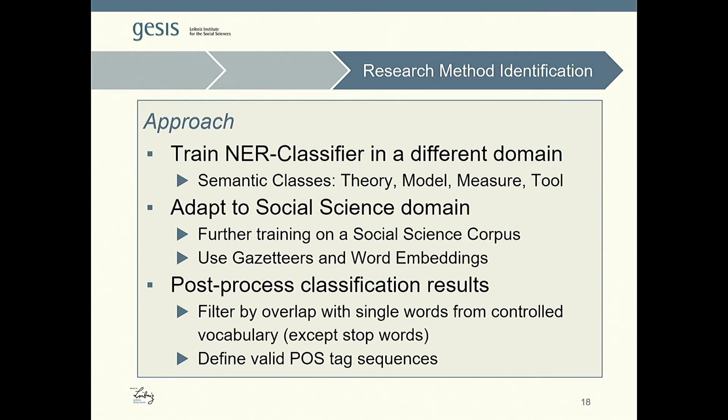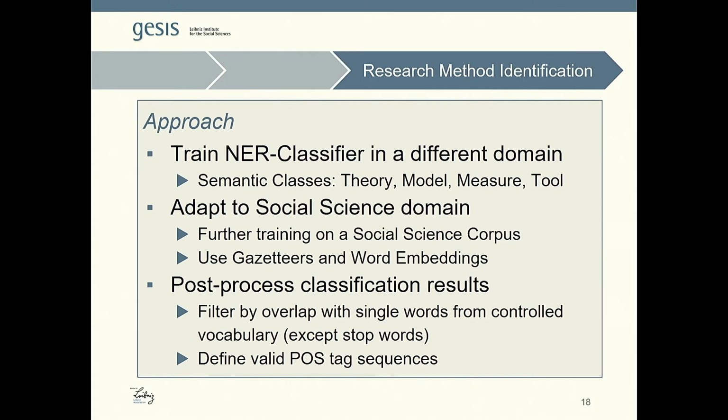Our approach here was taken because, again, of the lack of fully annotated data. We trained a classifier on a different domain based on the semantic classes theory, model, measure, and tool. It was from the linguistic context, and then adapted to the social sciences by further training on a smaller hand-created corpus, and using gazetteers which are based on controlled vocabulary.